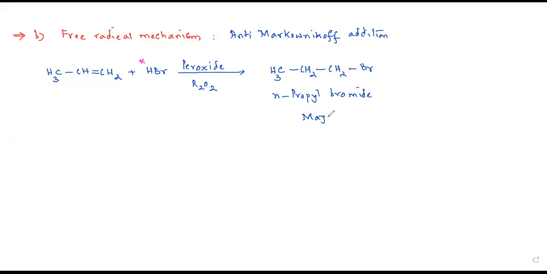N-propyl bromide is major here. Then the isopropyl bromide. Okay, this is minor.